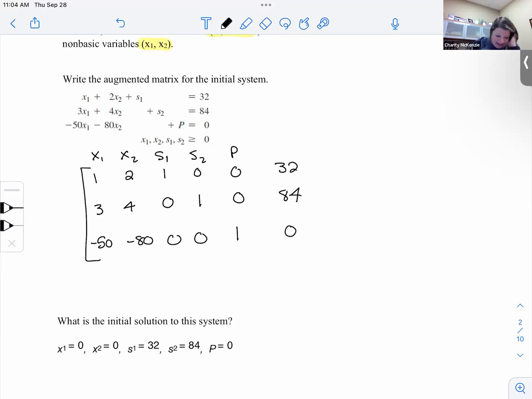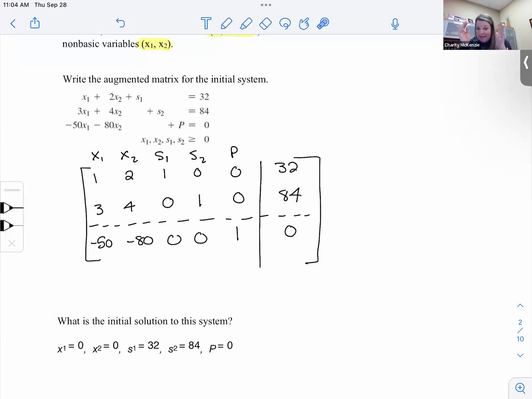The way they like this to be written is with a solid line here and a dotted line here, and our objective function is on the bottom. As we solve this matrix, we're going to get more and more profit, and our variables that right now have meaning will become meaningless, and the other variables will become meaningful.